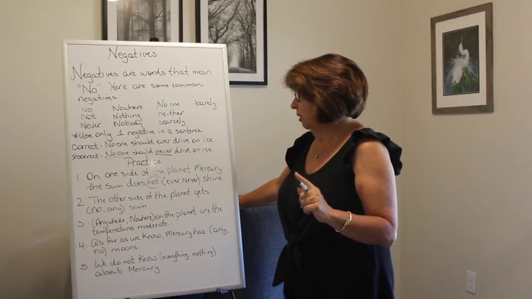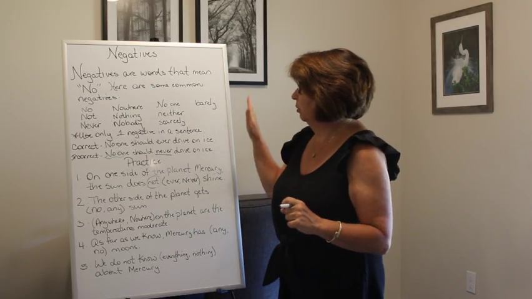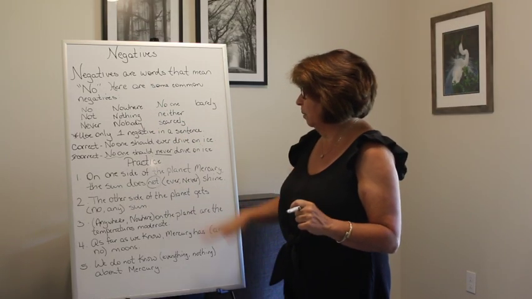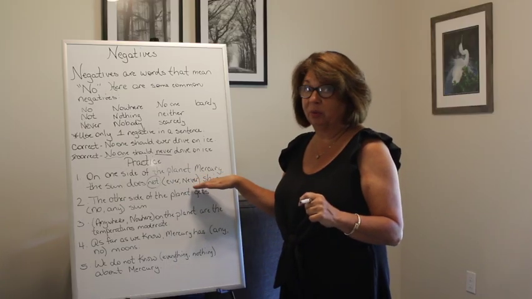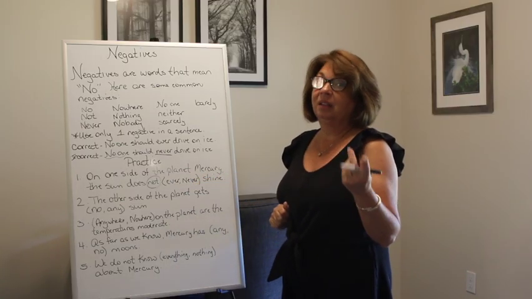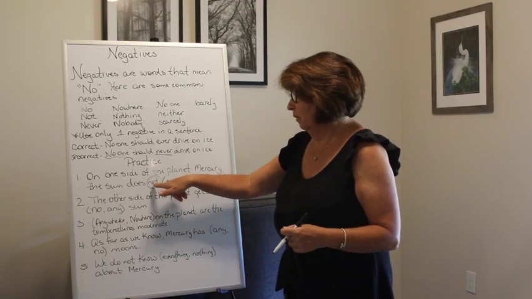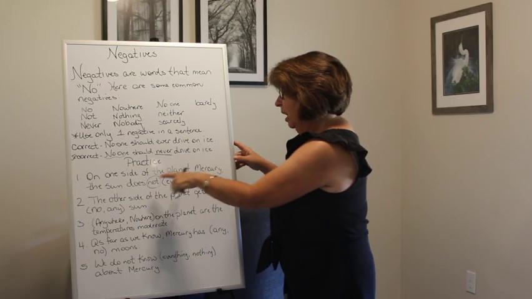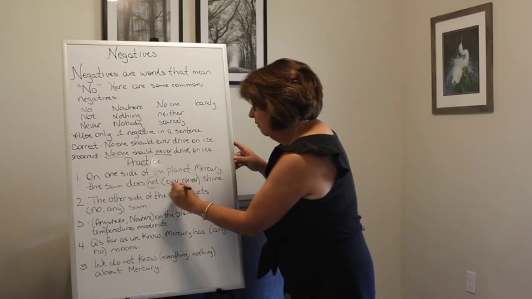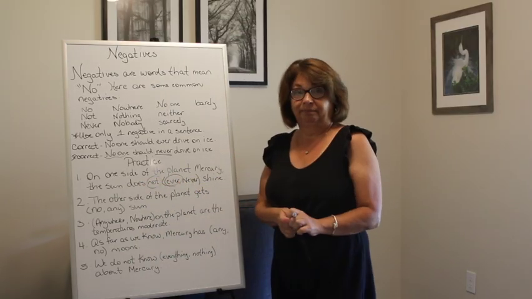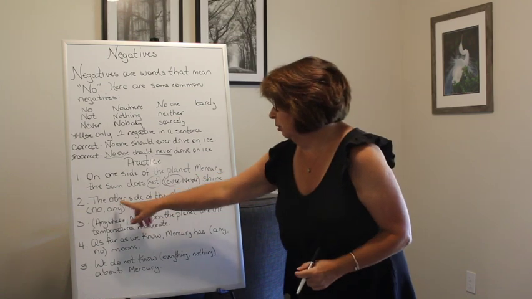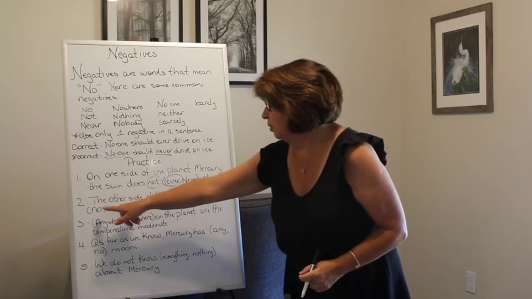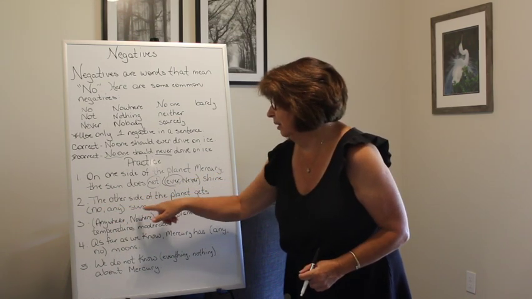We can't choose another negative. If you look up in this group, you will probably see one of these words in the group. Do you see it? Yes, the word never. So since we have one negative, we have to say on one side of the planet Mercury, the sun does not ever shine.